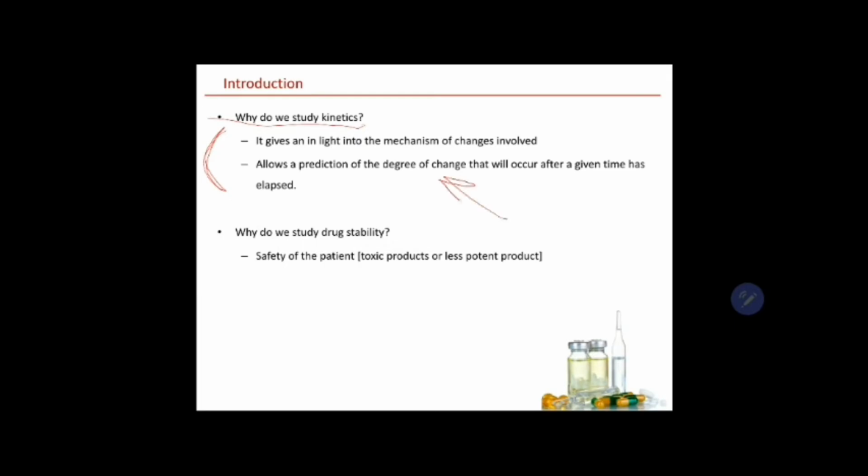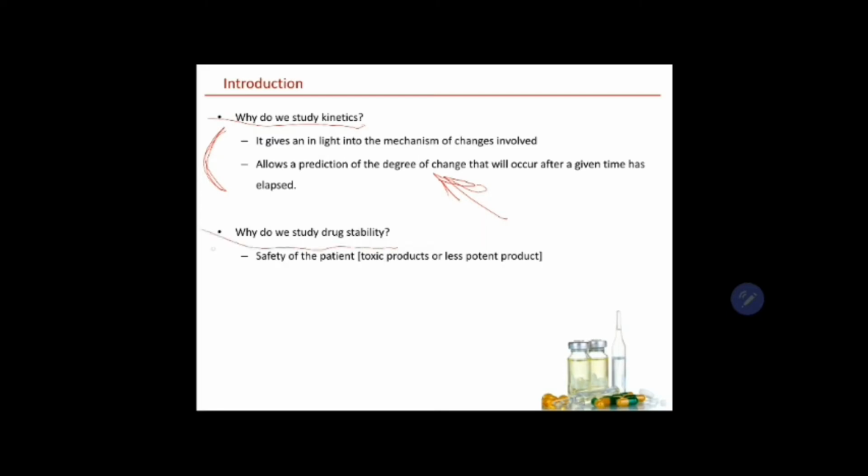This means the study of kinetics gives us the ability to have an expiry date or to know when the drug or the product will change to a certain extent that we will decide on.